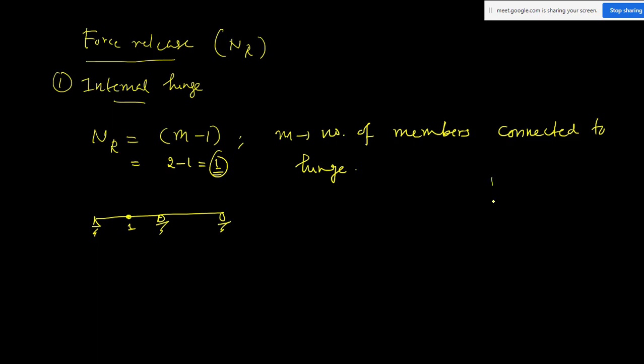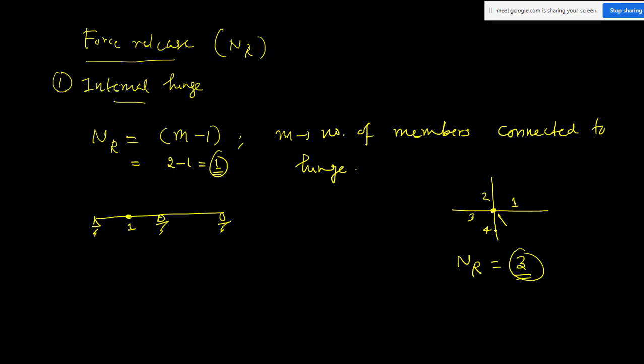Suppose we get a case like this. We will see all the examples, because only theory won't be clear completely. If you get a situation like this, I have an internal hinge, but 4 members, 1, 2, 3 and 4, are meeting at this internal hinge. So you will get m minus 1, that is 3 extra equations.